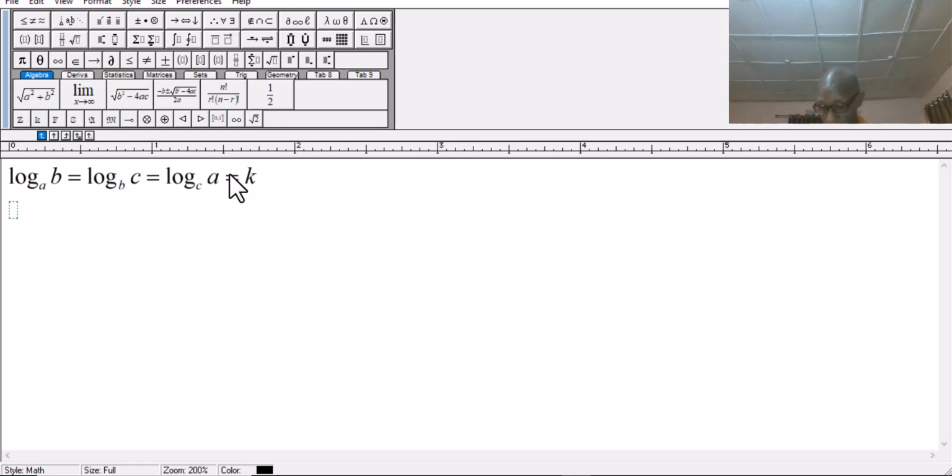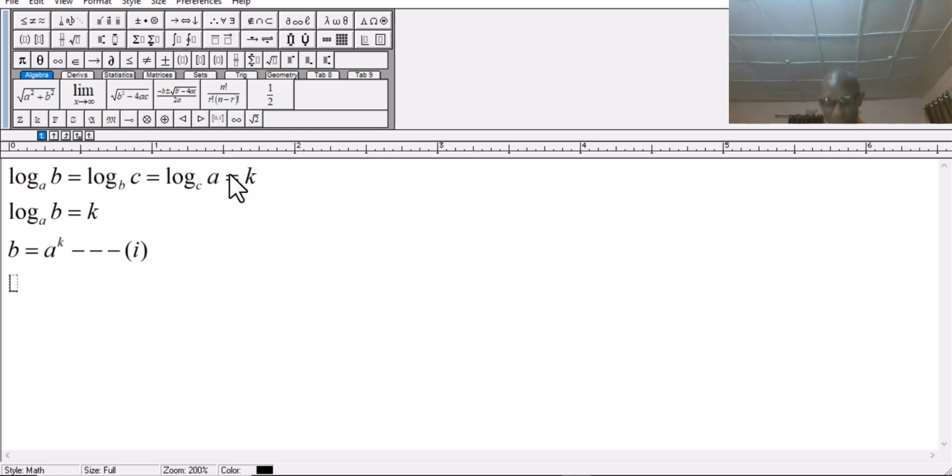So let's start. Log b to base a is equal to k. So we can say that b is equal to a raised to the power of k. Let's call this 1.